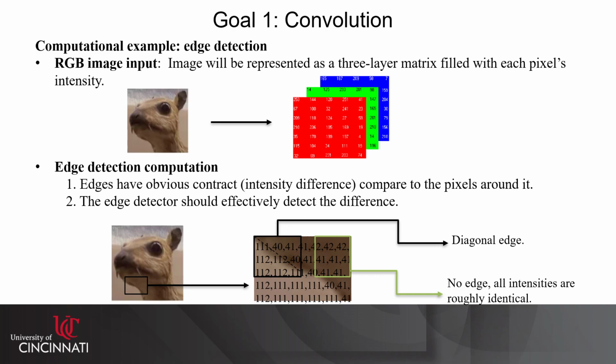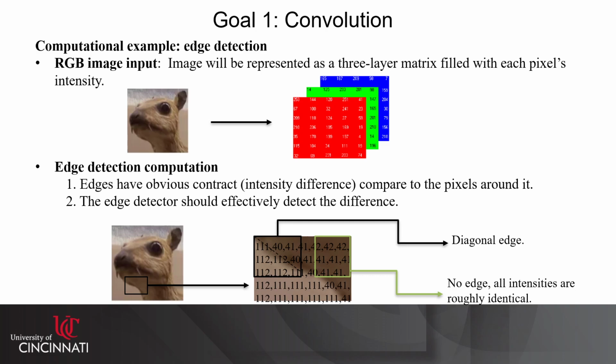As we mentioned earlier, each image is represented as a three-layer matrix, three layers of numbers, RGB. They're stored as a three-layer matrix in the computer, and each number in that matrix represents the intensity of that pixel.